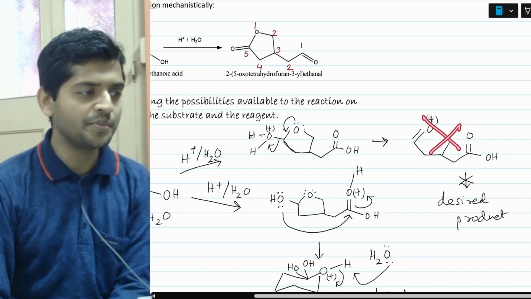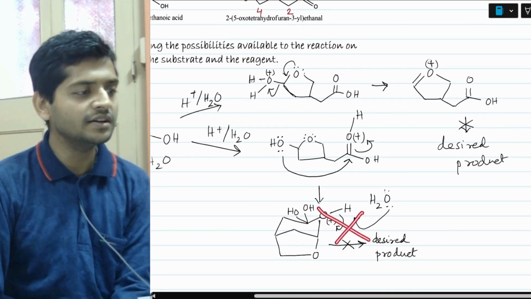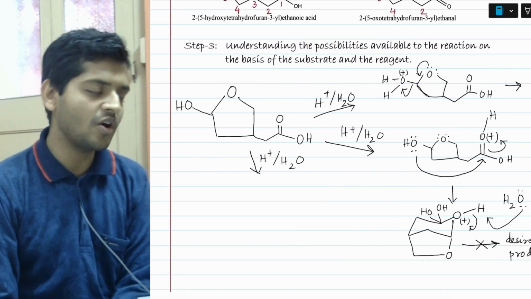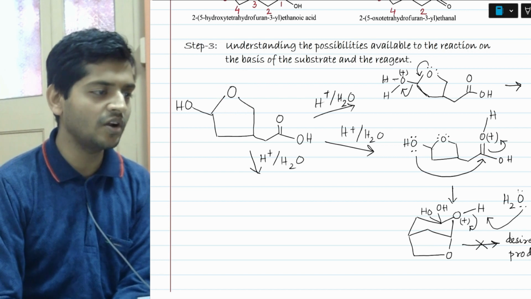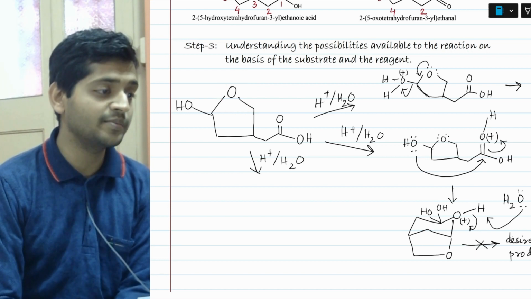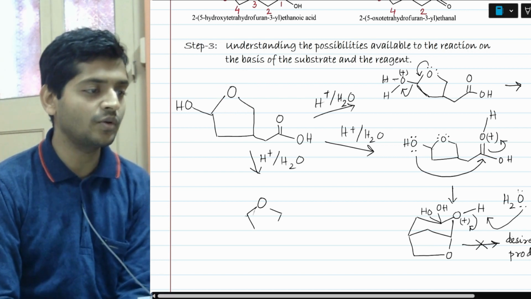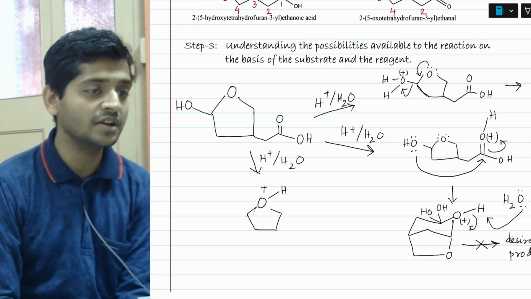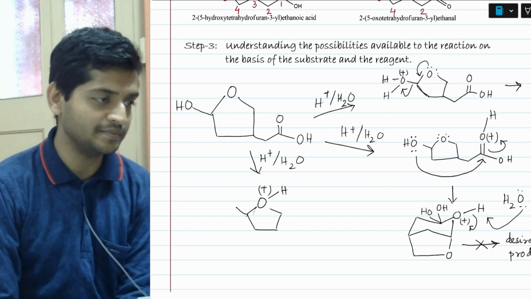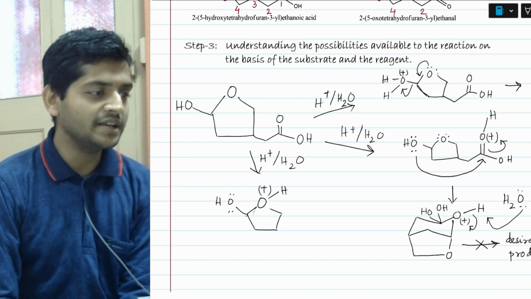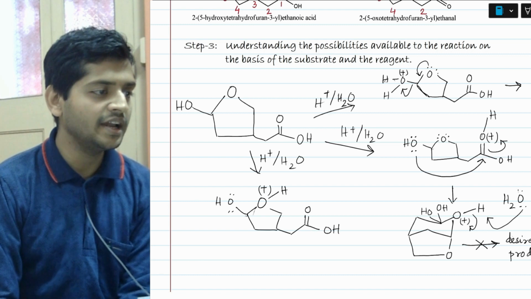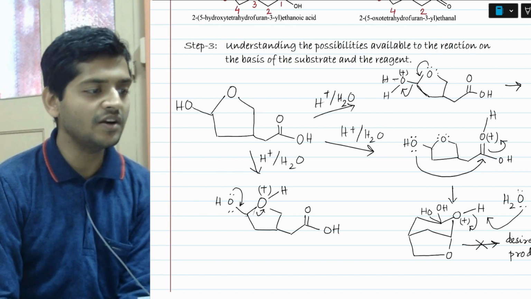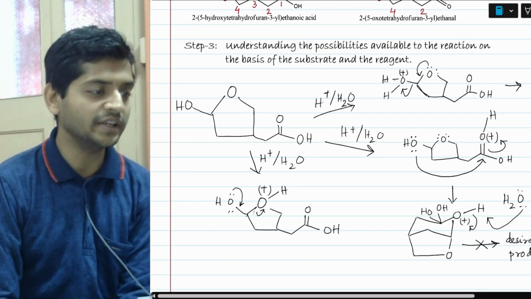So we are left with one option, that is protonating the tetrahydrofuran oxygen. These are just the options. I'm not talking about whether it will form a stable product or not. Whether it will lead to our desired product or not is the question, because the question has already been given and we are asked to give its mechanism, right? But if we protonate this furan ring oxygen, it will clearly lead us to a possibility of ring opening.